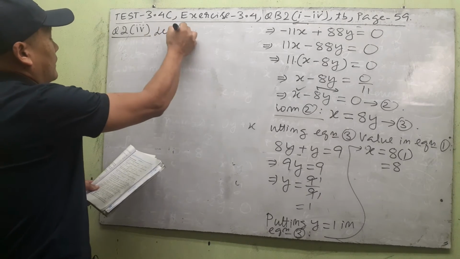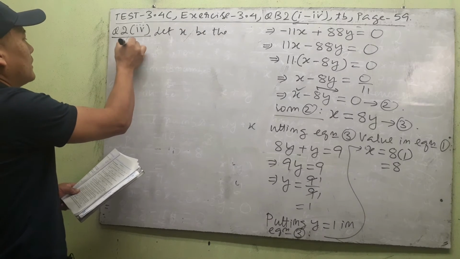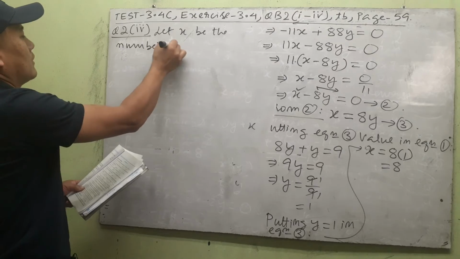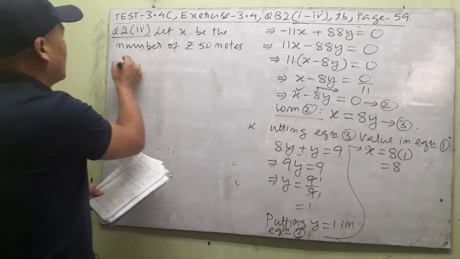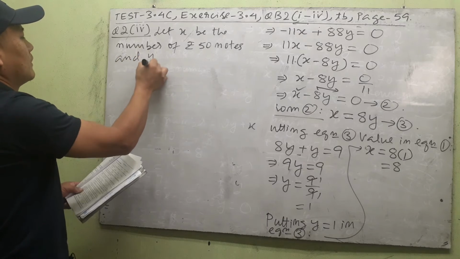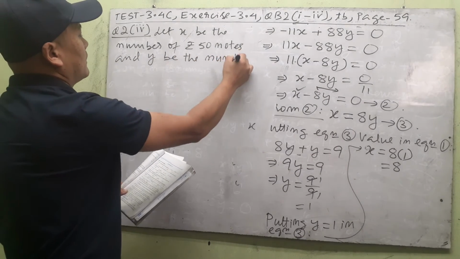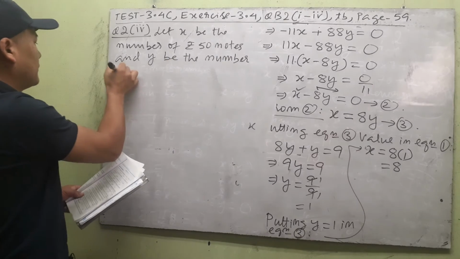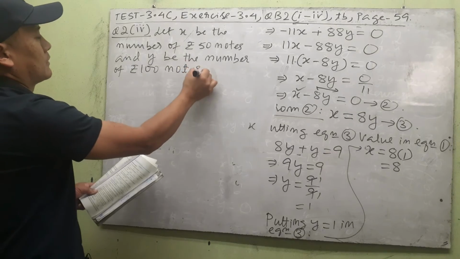Let X be the number of rupees 50 notes, and Y be the number of rupees 100 notes.